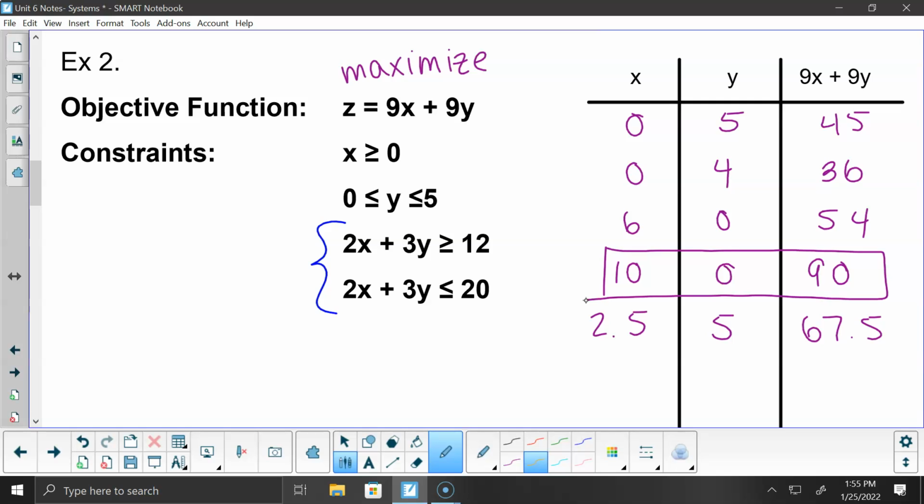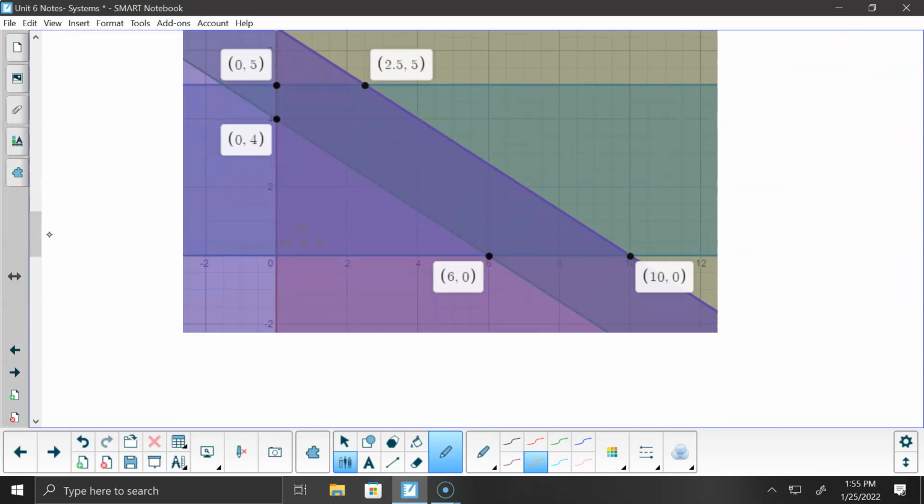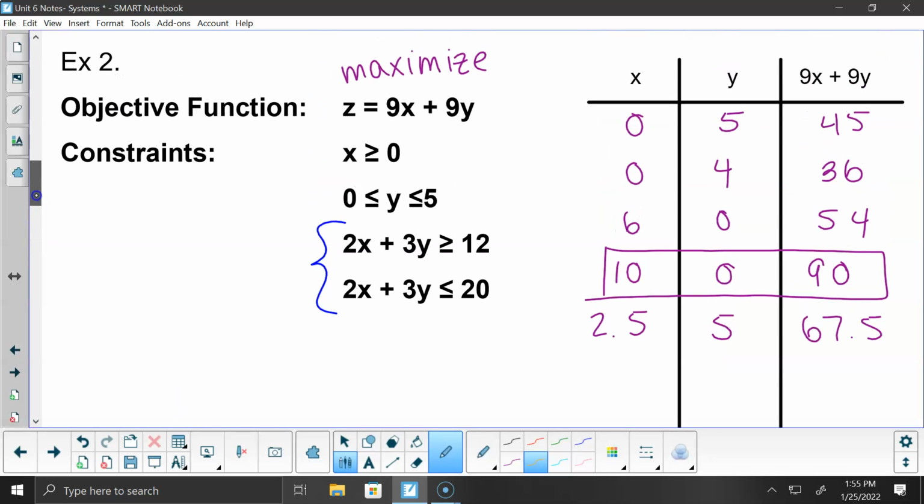So they give me these restrictions, right? These restrictions give me this pretty picture. The vertices give me where to plug it in.